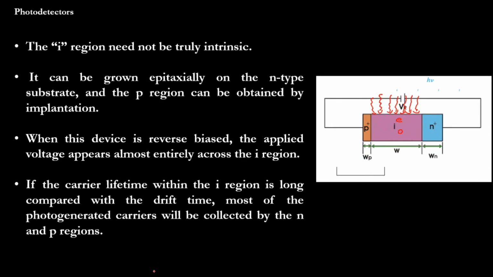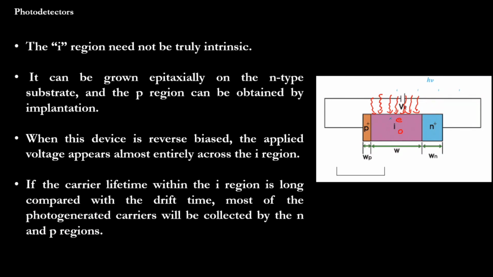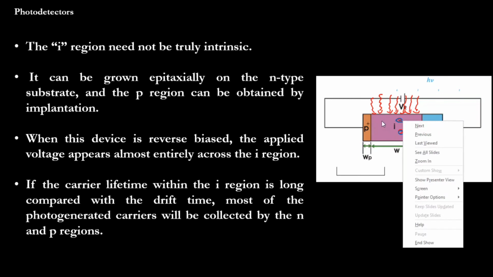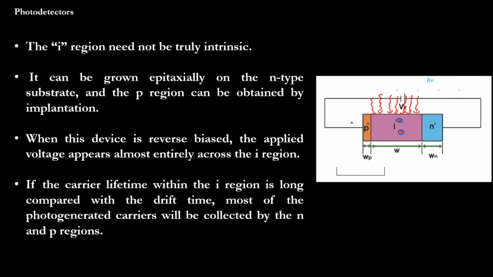Electron and hole will be created. So definitely the depletion region has an electric field. This electron will move in this direction and the hole will move in the other direction.